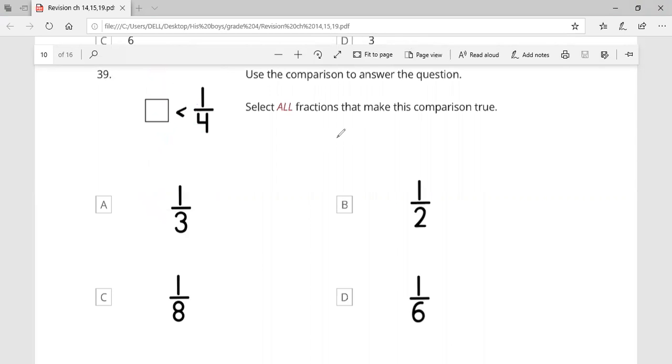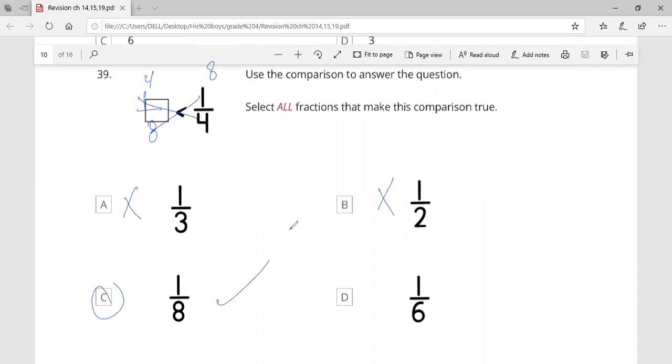The next one, if I take 1 over 2 and cross it, here is 2 and here is 4. 4 is not less than 2, not correct. Options A and B are not correct. The next one, if I choose 1 over 8 and do the cross product, here is 8 and here is 4. Yes, correct, it's right.